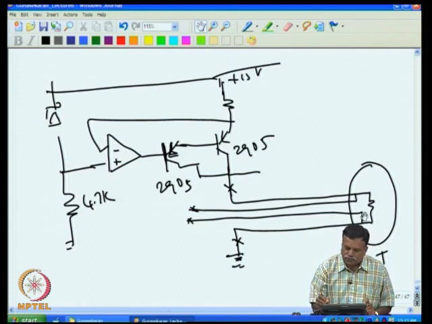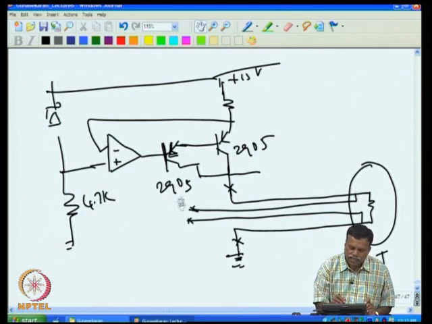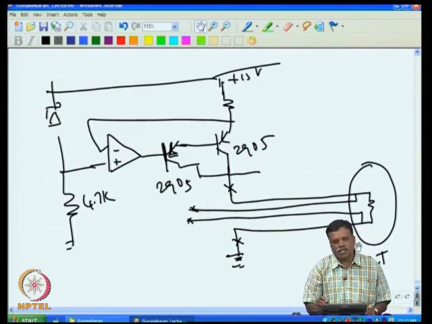So actually this is a 4-terminal method, because you have 1 wire, 2 wire, 3 wire, 4 wire. These 2 wires are carrying the current, whereas these 2 wires are carrying the voltage. And of course we have to measure it with high impedance, so that there is no current flowing through this, to make the measurement accurate.